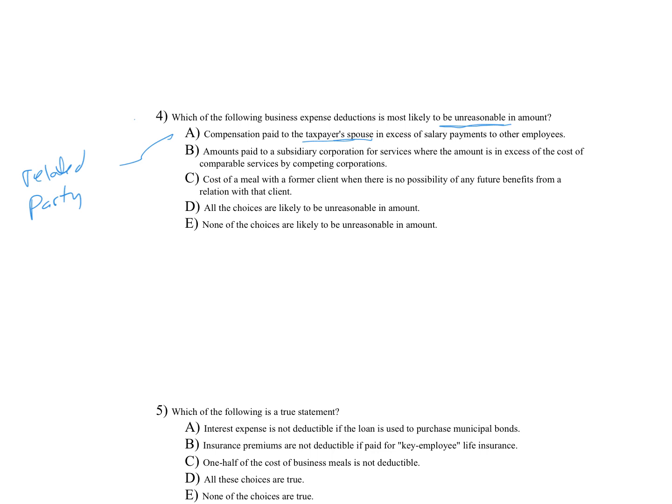Okay, so is this likely unreasonable? Yeah, it's likely that that could be determined to be unreasonable. Now, if your spouse is more qualified or more educated than any of your other employees or has some special skills, are there situations where that could be reasonable? Yes, but we're talking about in general.